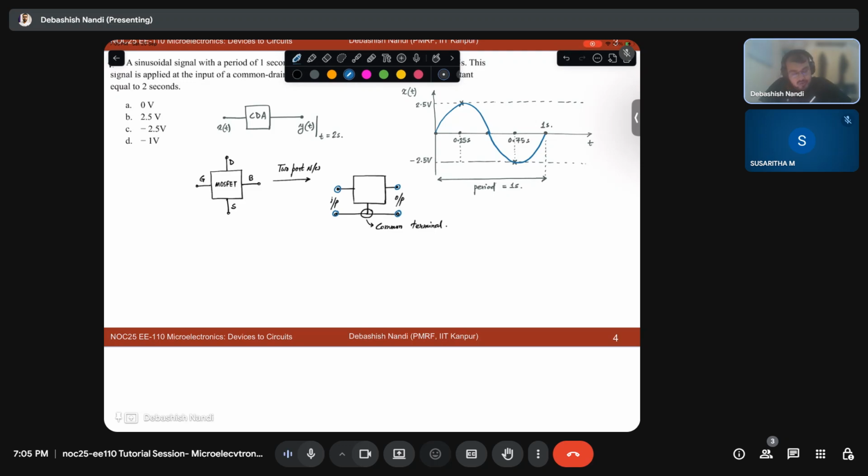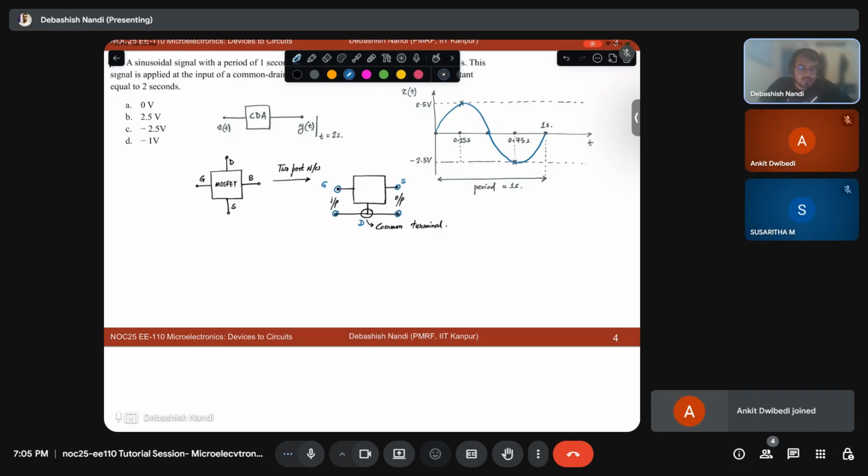This terminal can be anything. In our case, it is mentioned as drain. So this will be your gate and this will be your source, because generally for amplification or transistor action, you apply your input to the gate terminal, while your drain is common.